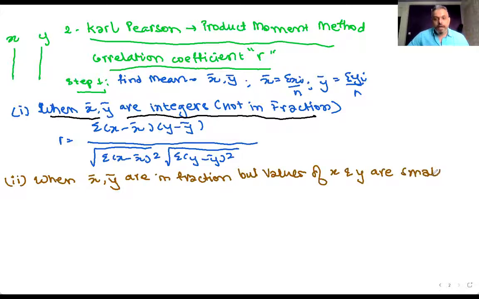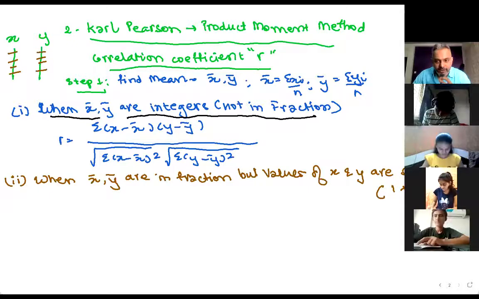What does values of x and y are small mean? The values of x and y are generally between 1 to 20, or any number whose multiplication and square you can do without using a calculator. So you can find the square or multiply without using a calculator.